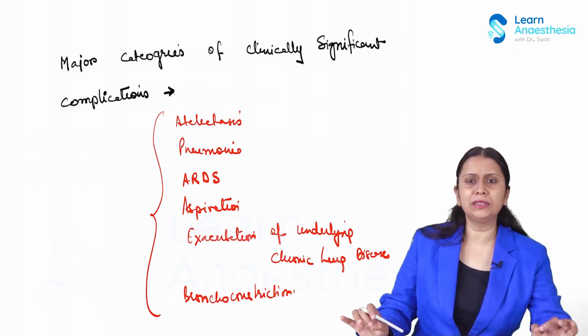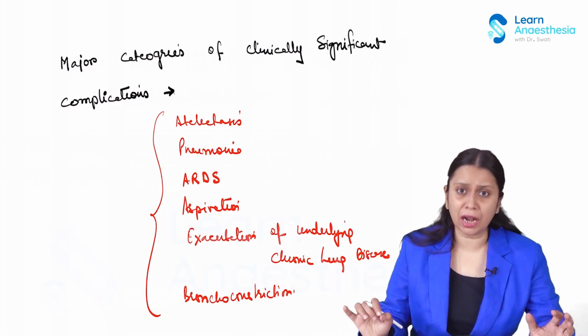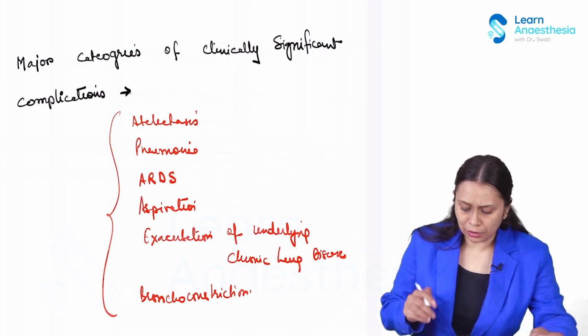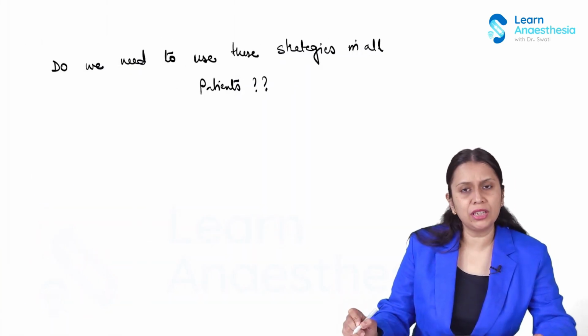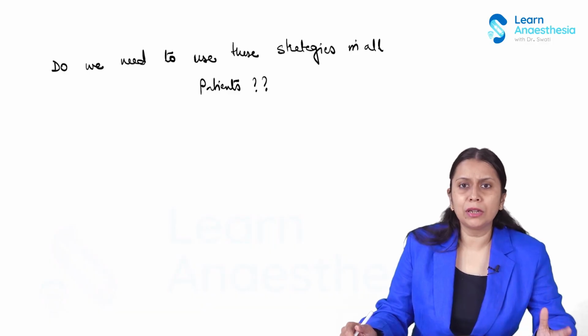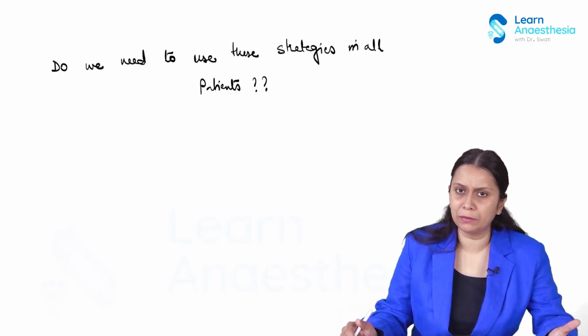So we need to discuss whether we employ the strategies which I am going to discuss with you to prevent perioperative pulmonary complication in all patients. Do we need to use the strategies in all patients? Actually, no. We need to use these strategies in patients who are at a high risk of developing pulmonary complication.